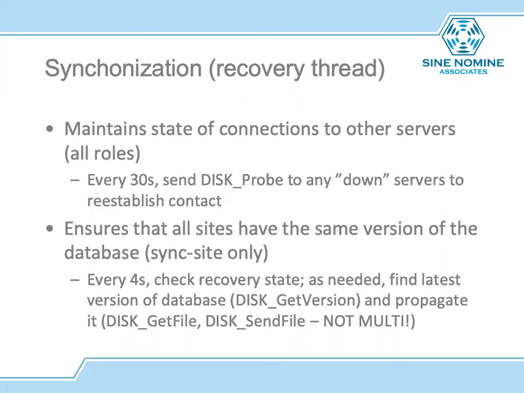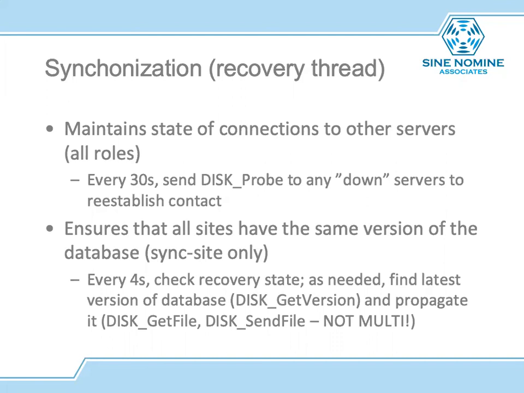So if the sync site determines that it's in a state where it needs to do this work, the first thing that it will do is send a disk version RPC to all of the other members that it knows about and find out what version of the database they have. It compares the results from all that and picks the best one, the most recent one. If that version resides on the sync site already, it will go ahead and propagate that to the other ones.